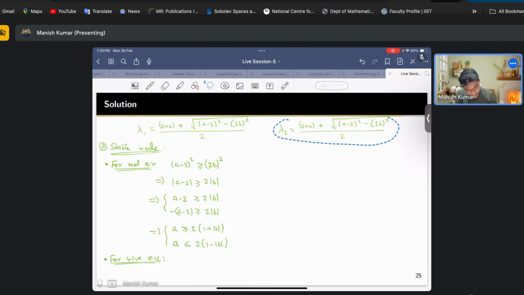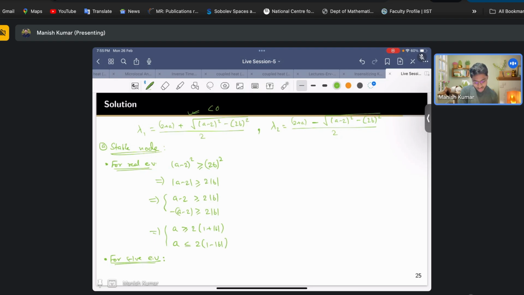Okay, so now you see that for negative eigenvalue, here it will be minus. So once we make sure that this is negative, suppose I somehow put a condition to make sure this is negative, then obviously this will be negative, right? Because with this one you are adding some positive thing, but over here we are subtracting something. So if adding something is making it negative, then obviously subtracting also will make this negative, right? So we don't need to care about this one, we just need to care about the first with positive sign.